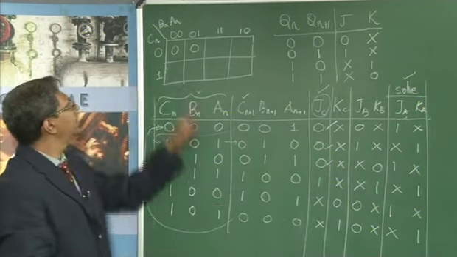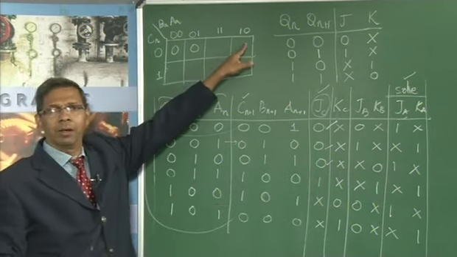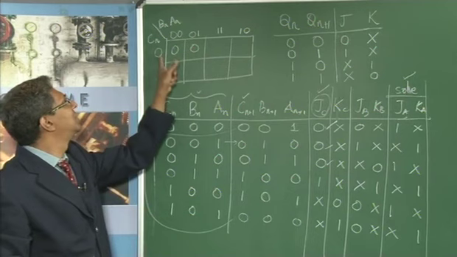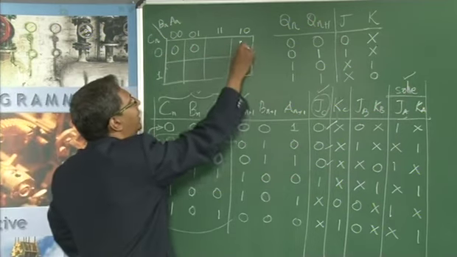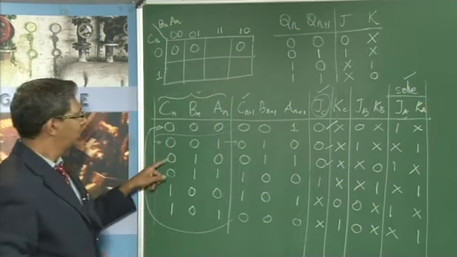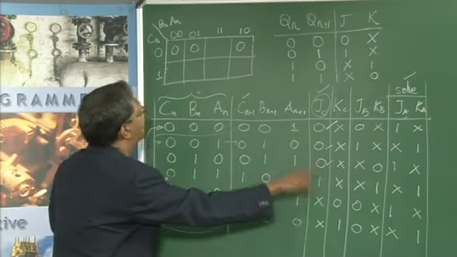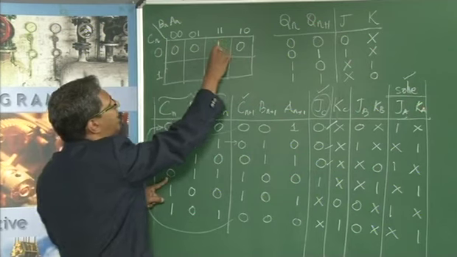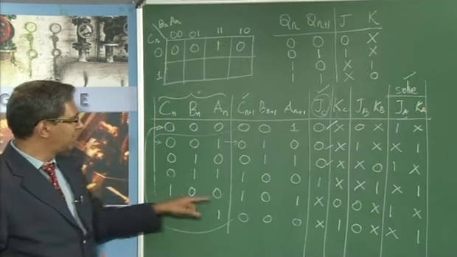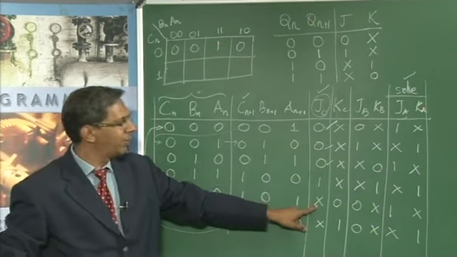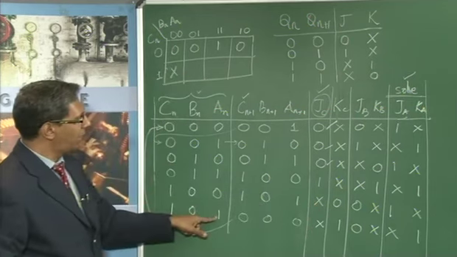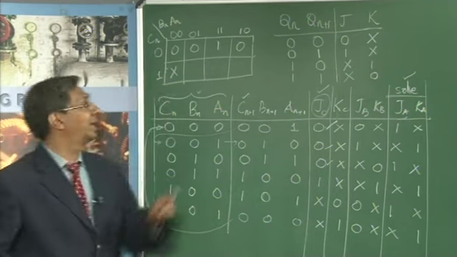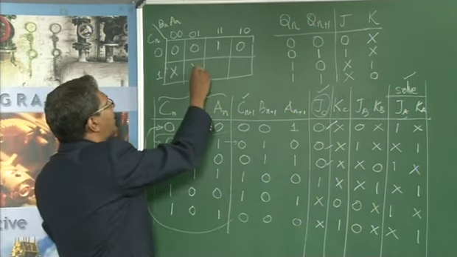But where is 0, 1, 0? It is here. You can't write 0, 1, 0 there because 0, 1, 0 is here. So 0, 1, 0 value is 0, that I have to write here. Next, for 0, 1, 1, the value is 1. Next, for 1, 0, 0, the value is x. For 1, 0, 1, again the value is x.